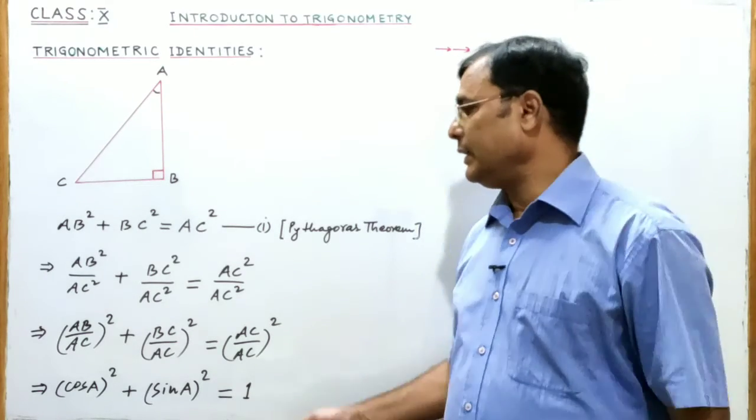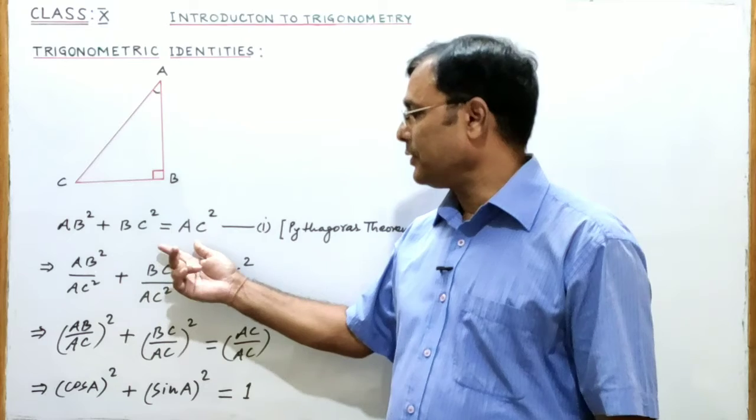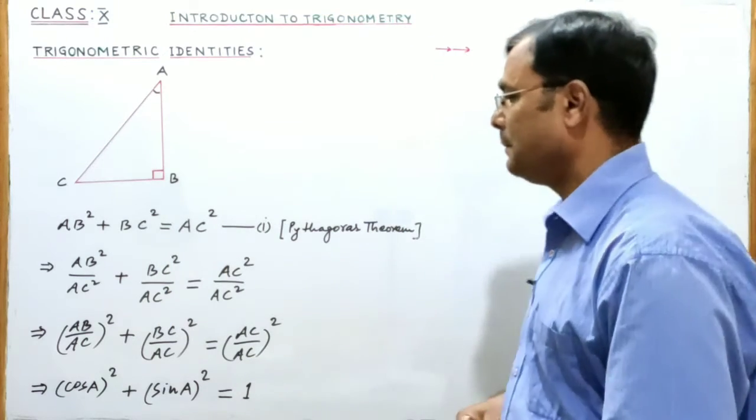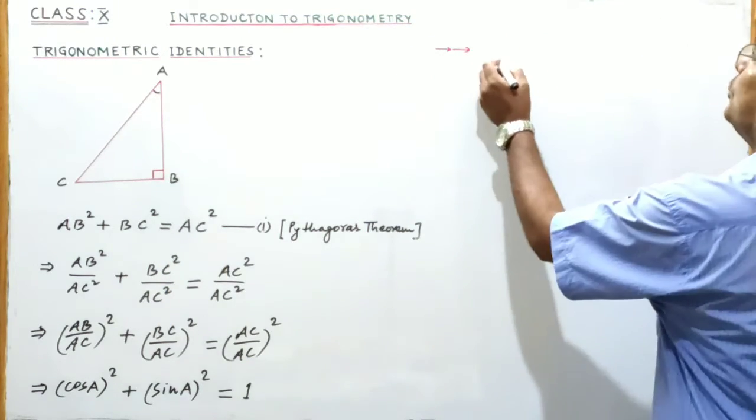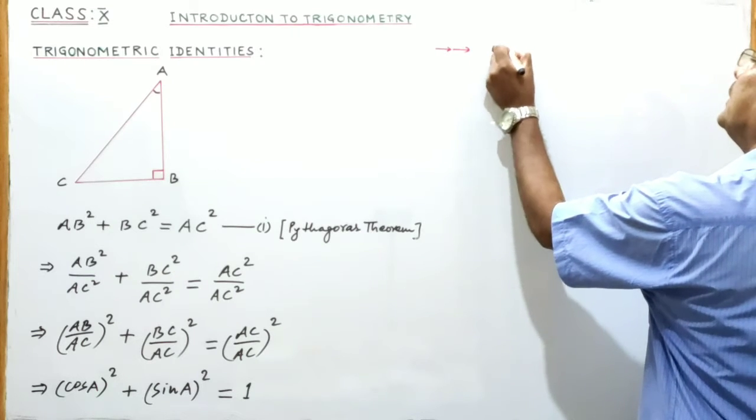Now let us divide equation number 1, AB square plus BC square equal to AC square, by BC square throughout.